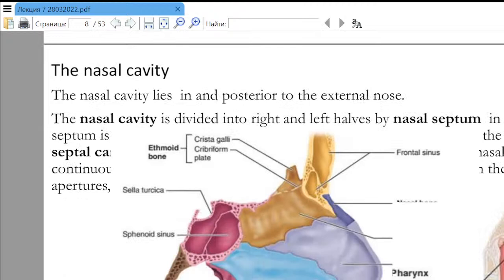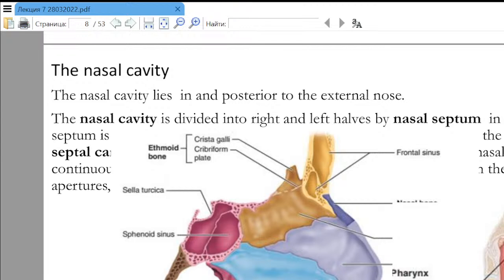Nasal cavity. What do you see? The nasal cavity lies posterior to the external nose. This is the external nose. This is the nasal cavity.